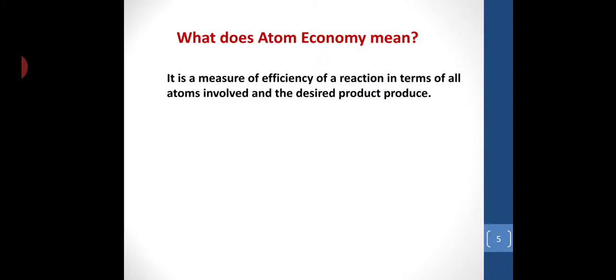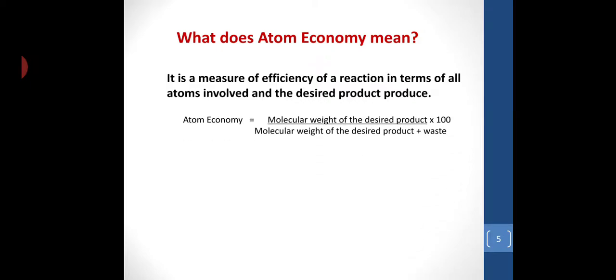Atom economy is a measure of the efficiency of a reaction in terms of all atoms involved and the desired product produced. Its formula is the molecular weight of the desired product divided by the molecular weight of the desired product plus waste, into 100. So, from this expression, it is clear that the lesser the waste generated in a reaction, the more is the atom economy and the more efficient is the reaction.